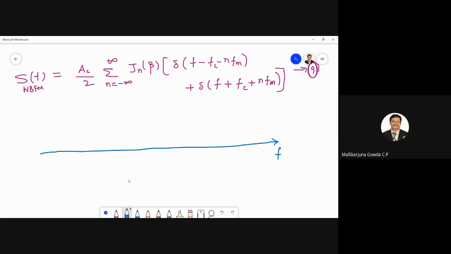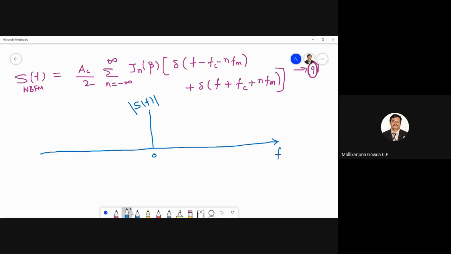Okay, so this x-axis is f. S of f, okay?